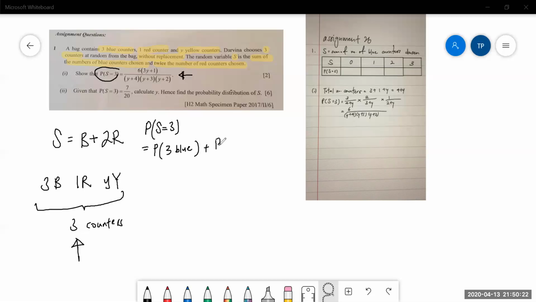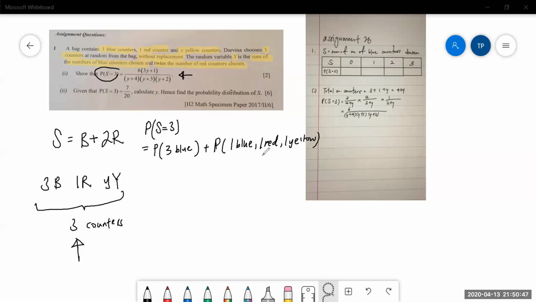So it can be 3 blue, or say one blue and one red and one yellow. Agree?